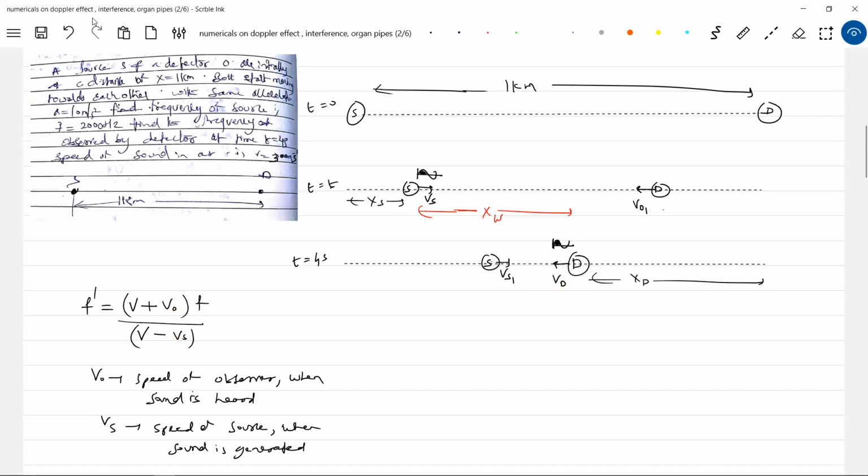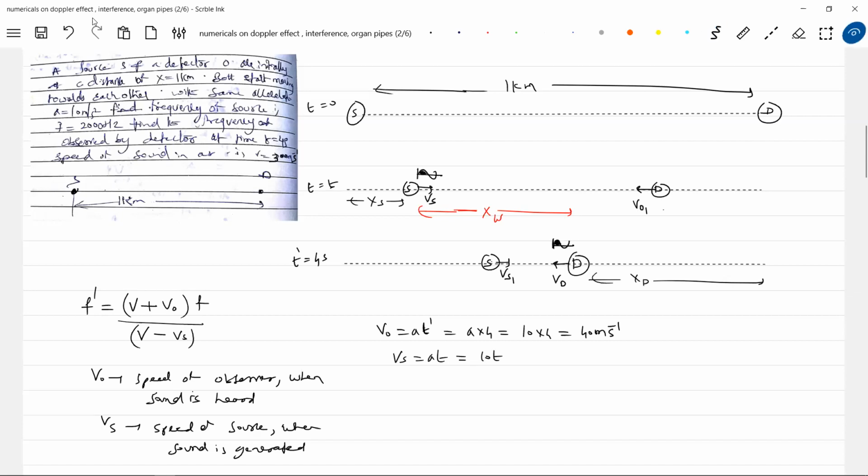We know VO. VO is A into 4. We know acceleration is 10, so 10 into 4, 40 meter per second. What is the only unknown thing? Vs is unknown. Vs should be equal to A into T, so this is 10T. The T is the unknown.